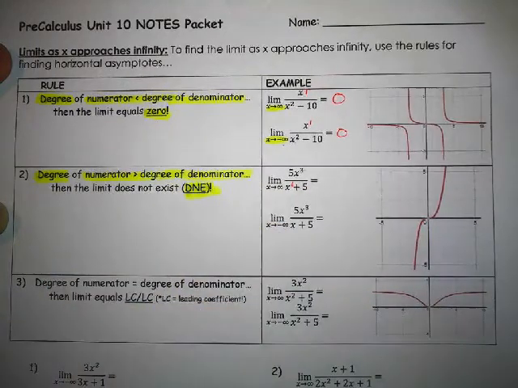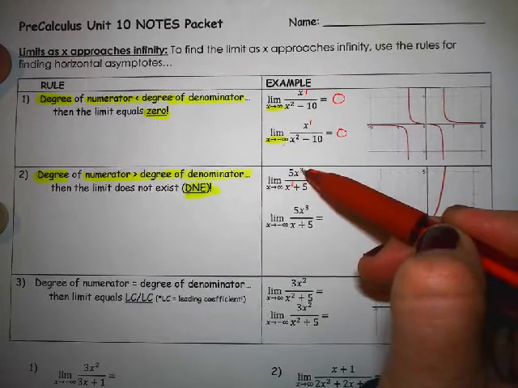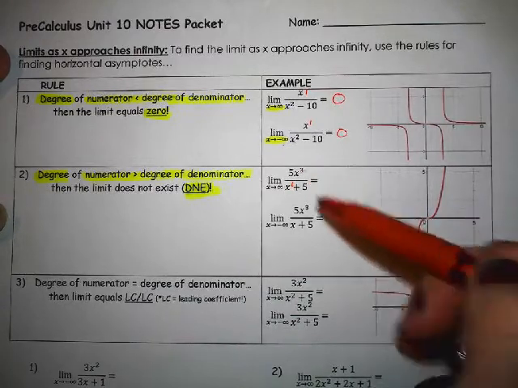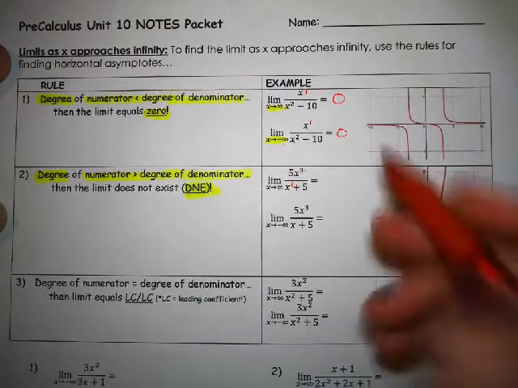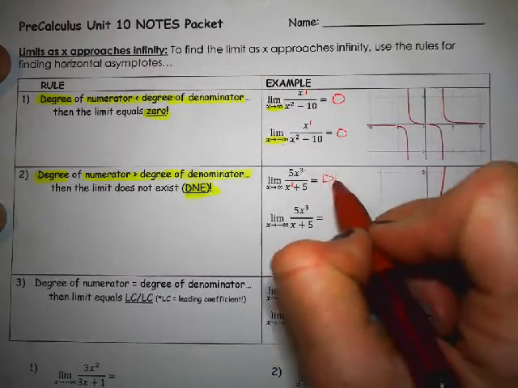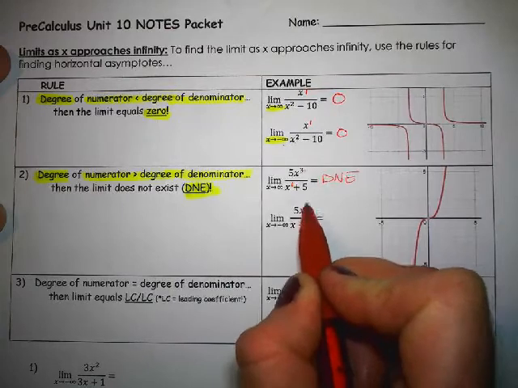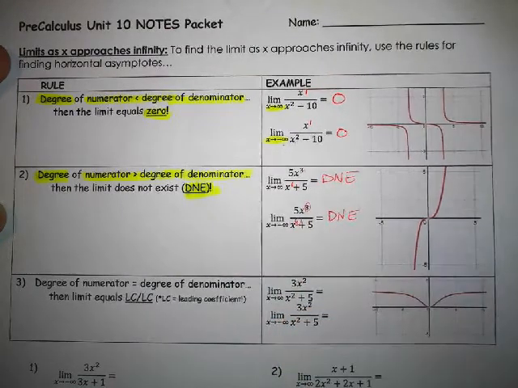And for this one, when I try to remember the different rules, I always think to myself, it's top heavy, the top is too big, it falls off, it doesn't work. If the top is bigger, it doesn't exist. So this one right here, top is bigger, I would say D and E. Same thing when x goes to negative infinity. I still look at these guys. The top is bigger, D and E.